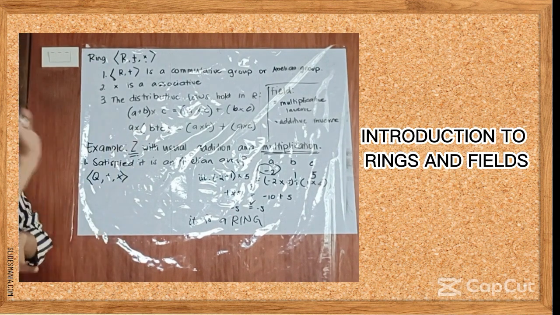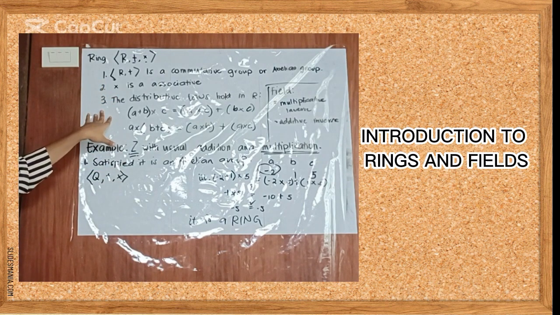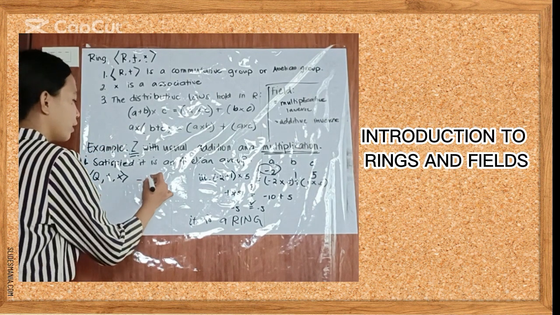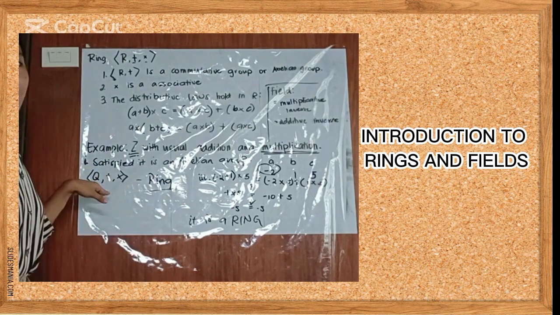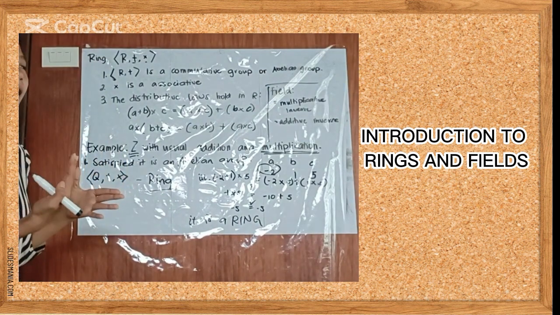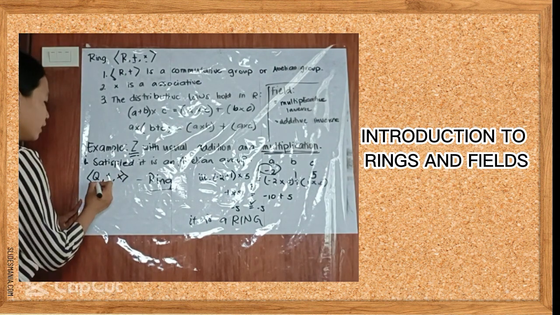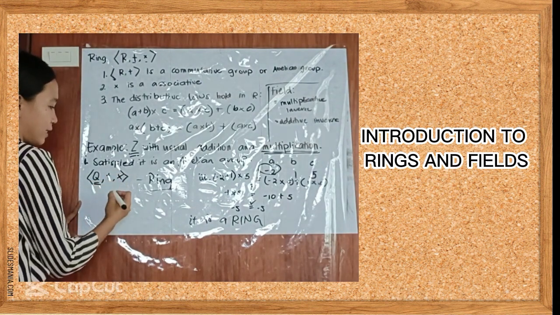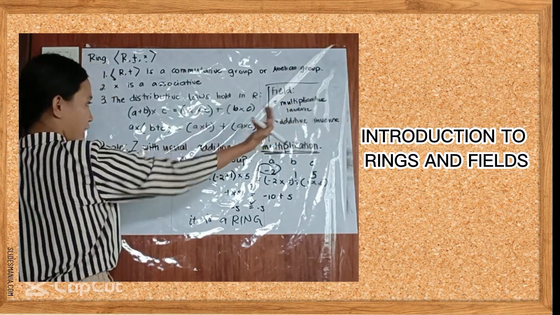Since in our previous lesson in group, it is abelian, it is associative, and it holds the distributive law. Therefore, it is a ring. Now, let's test if this ring is also a field. Let's get a number from the rational numbers and try if it has a multiplicative and additive inverse.